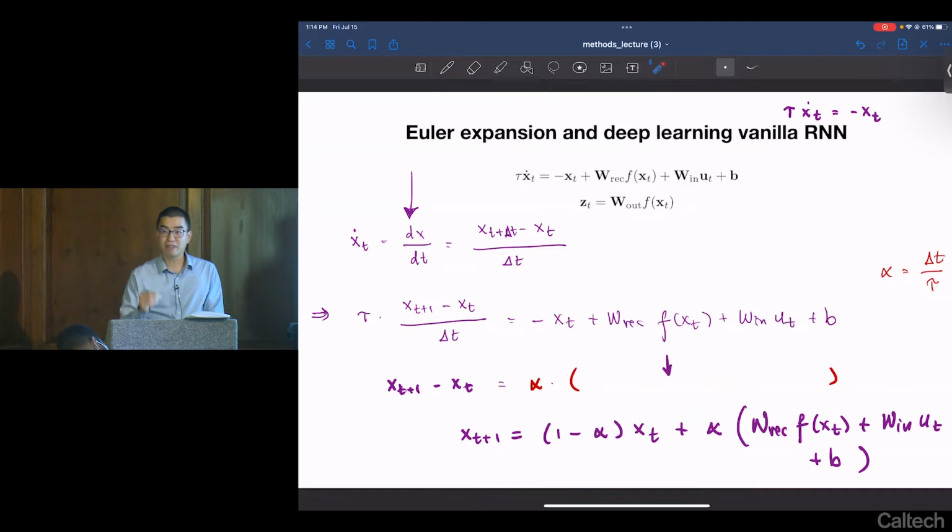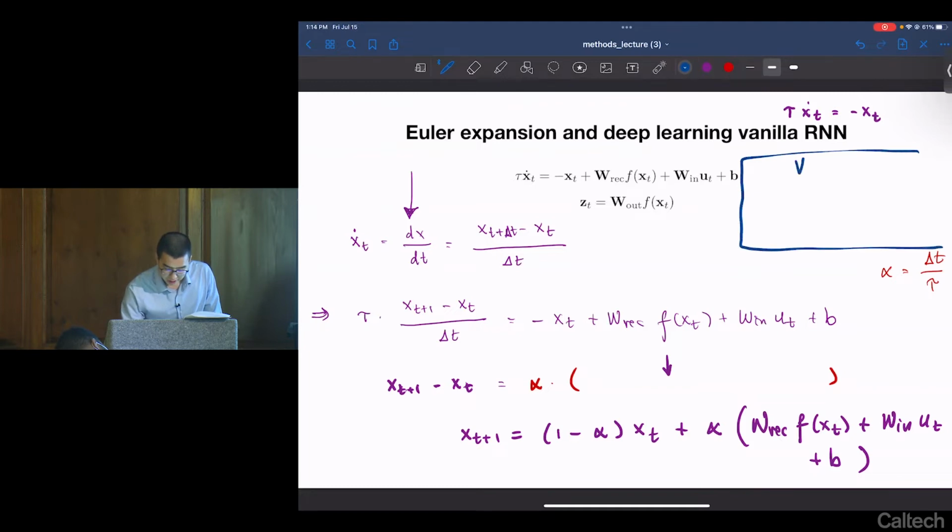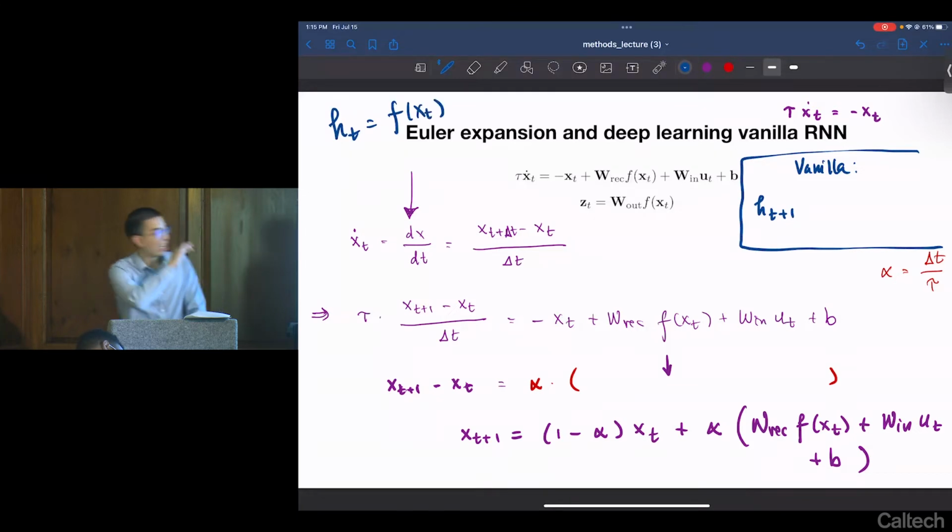So you all may have heard of a vanilla recurrent neural network from machine learning. That vanilla recurrent neural network has this equation. It's h of t plus 1, and remember, h of t is equal to f of xt. Apologize, I'm writing all over the board just because of space reasons.